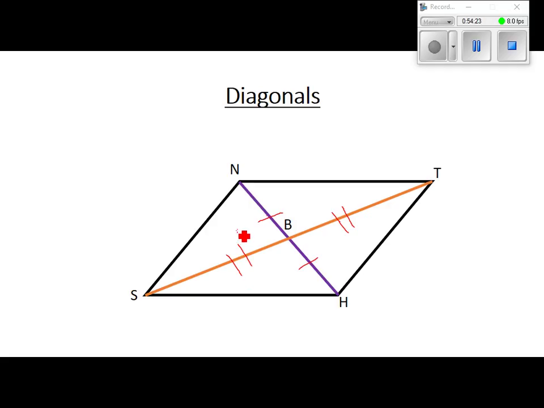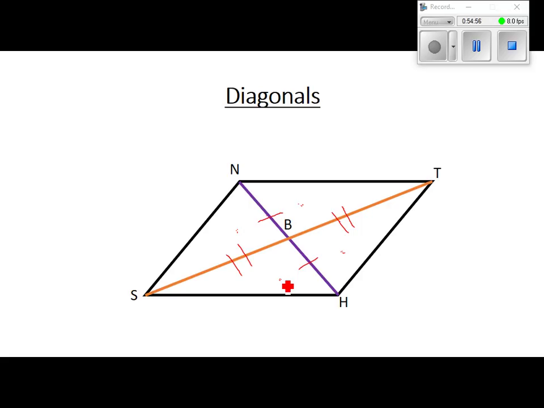Can you tell me about this triangle over here and this triangle over here? They're the same. How about this triangle up here and this triangle down here? Same. So what do the diagonals do to each other in any parallelogram? They bisect each other.